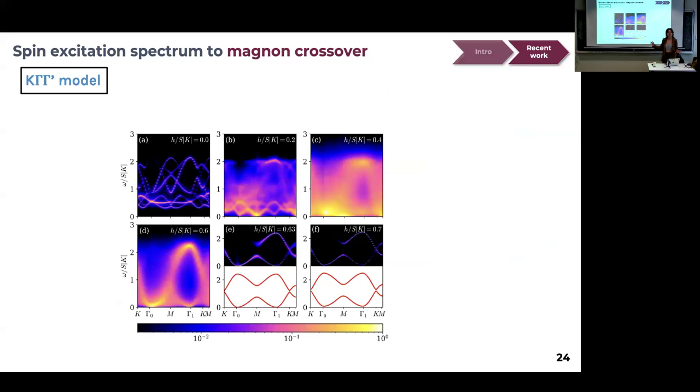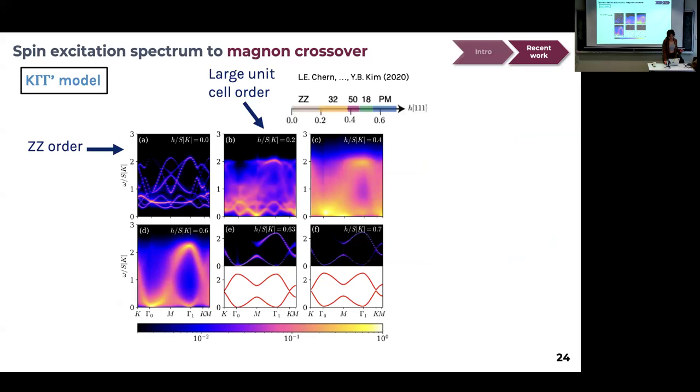Okay, so let's move on to the K gamma gamma prime model, which is the minimal model for alpha ruthenium trichloride. At zero field, it's got magnon bands associated with the zigzag order, which is what you would expect. And then at finite field, we see large unit cell magnetic orders, which were predicted in the zero temperature classical phase diagram.